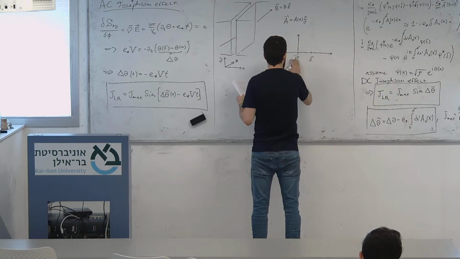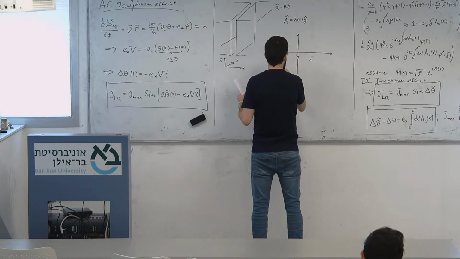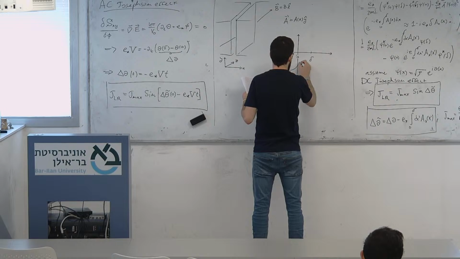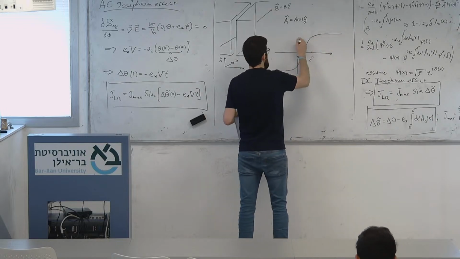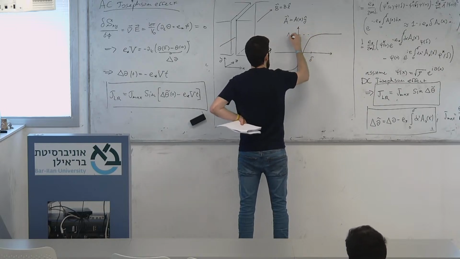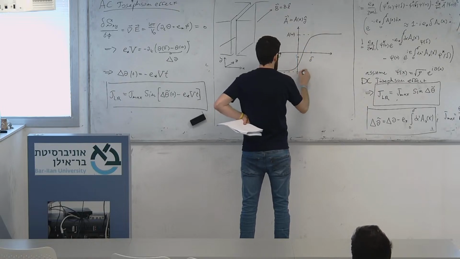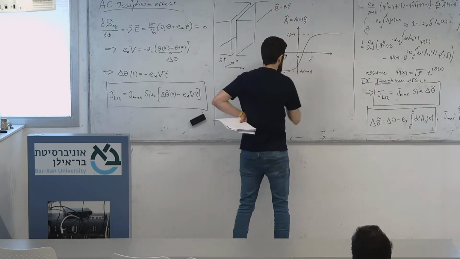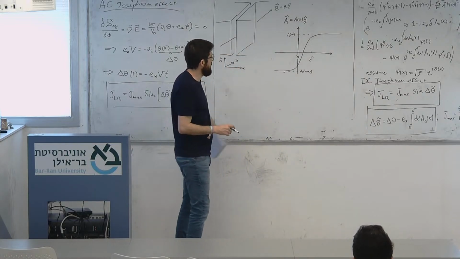Oh, sorry. So here we have A infinity, and this is A of minus infinity. Okay? So A is changing.